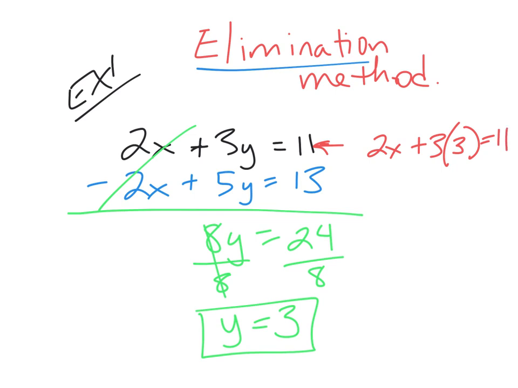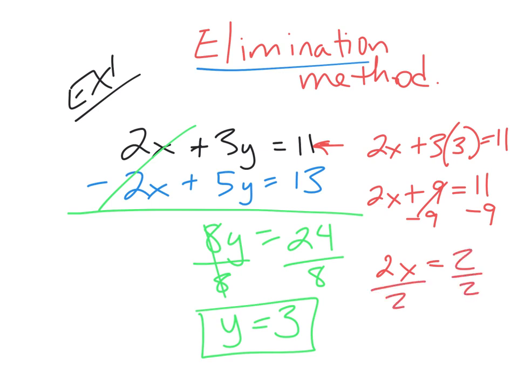And now we just solve for x. So I have 2x plus, what's 3 times 3? 9. Now to solve for x, I have to move the 9. So I'm left with 2x equals, what's 11 minus 9? 2. And the last step is to divide 2 away, and I get x equals 1.